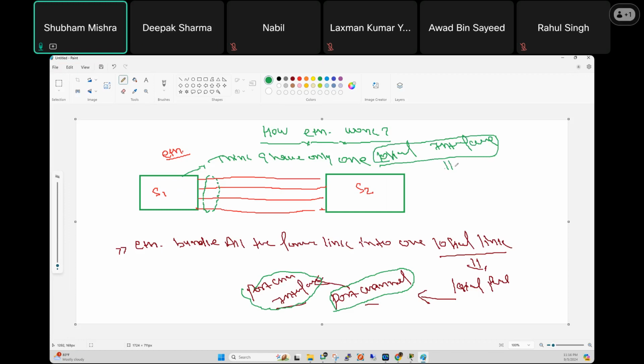And that logical interface is known as the port channel interface. I hope you understand. Now I hope you are clear on what a port channel is and what a port channel interface is. Port channel is just like a bundle, and there is only one logical interface, called the port channel interface.